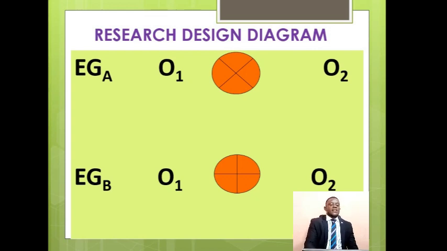The research design in a diagrammatic form, you can see that EGA means experimental group A, and EGB means experimental group B. O1 means the first observation, while O2 means the second observation.